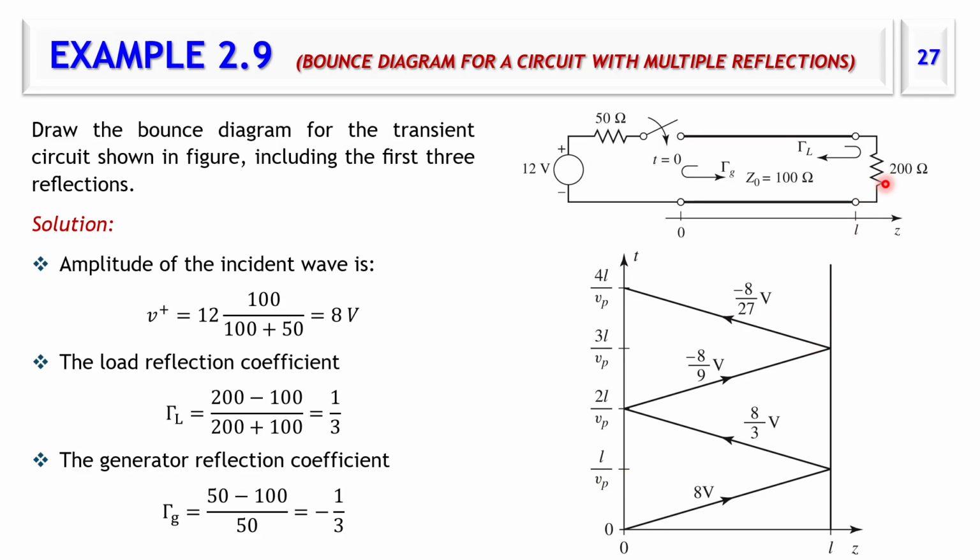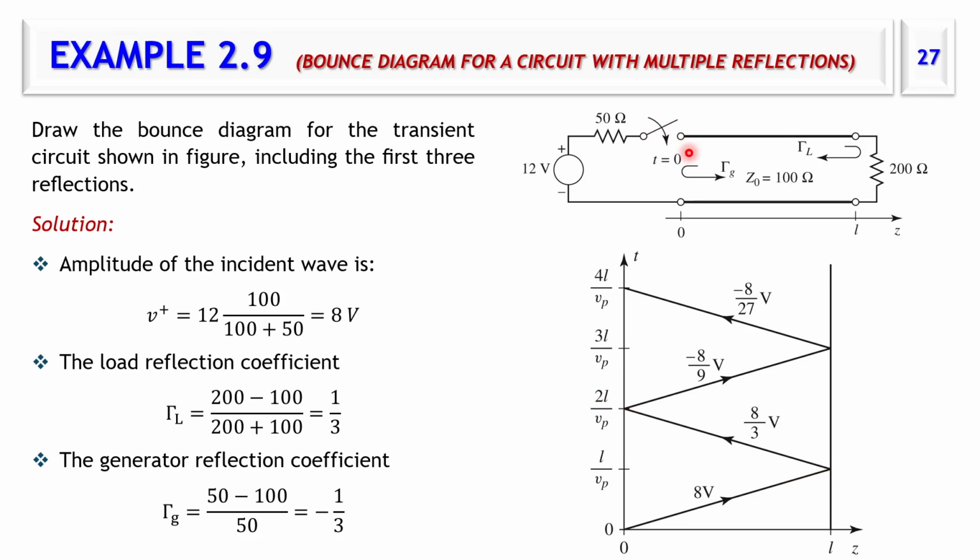At L over VB, a backward wave will be generated. The value of this wave equals 8 multiplied by gamma L. Gamma L equals 1 over 3.